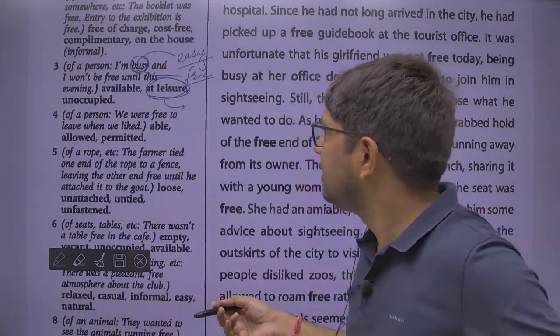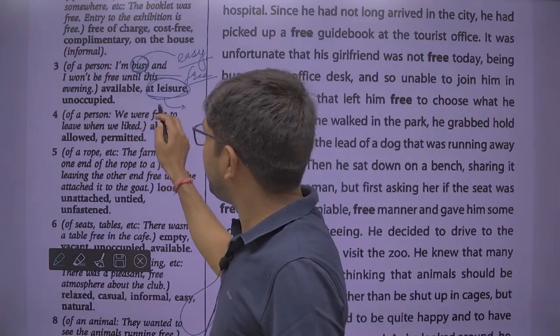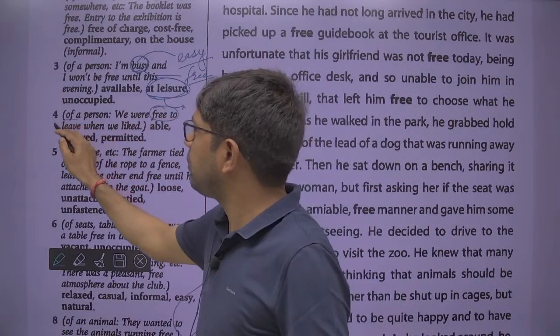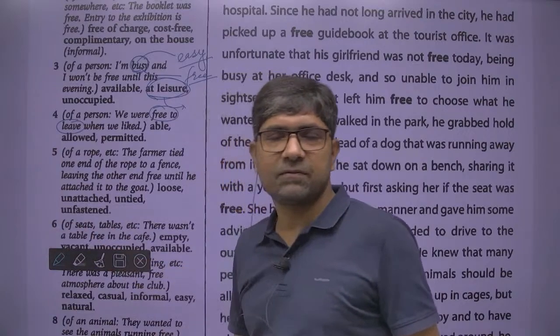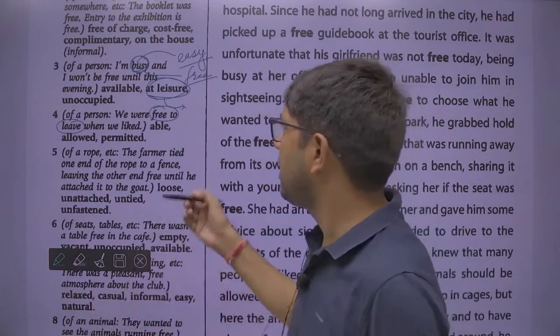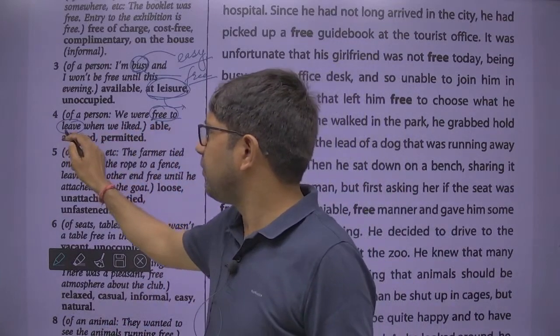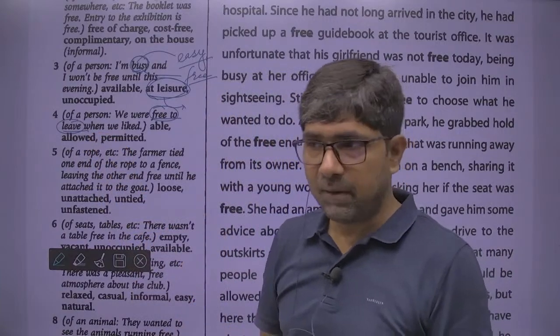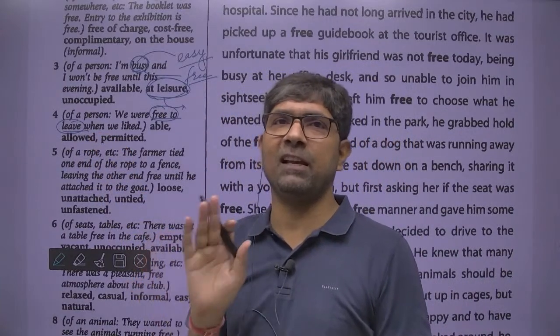If a person says, we were free to leave, free to leave means there was no restriction. We were free to leave. It means whenever we wanted, you are free to go. Means I do not have any obligation now. In my opinion, you are free.